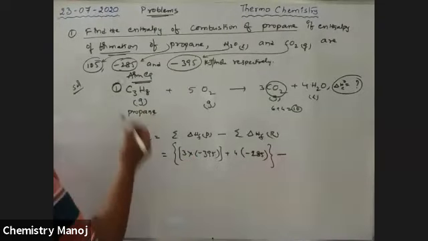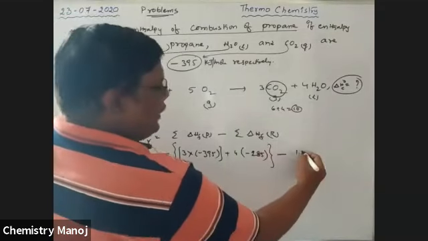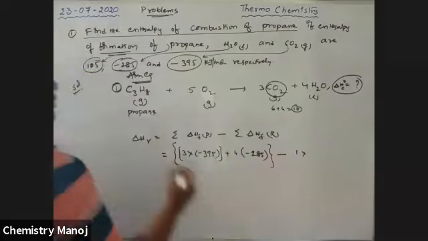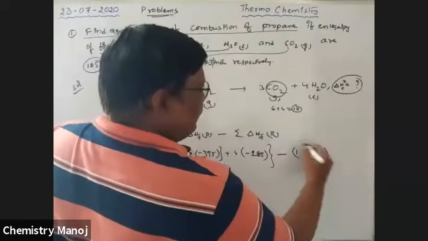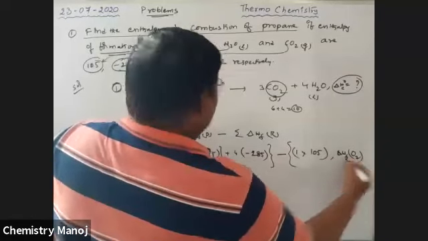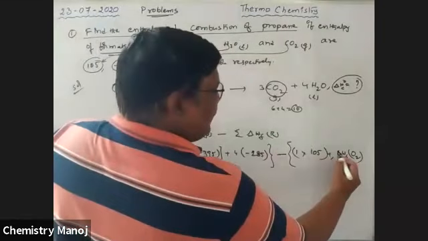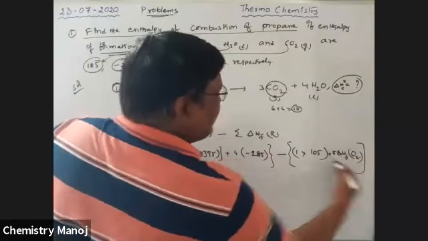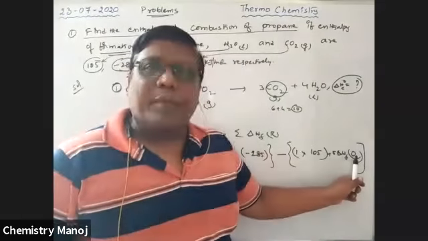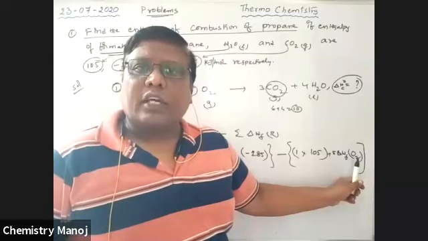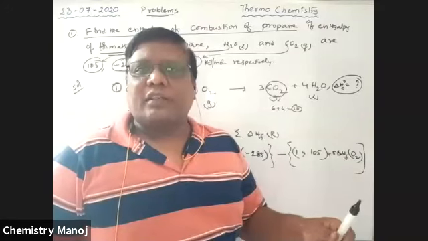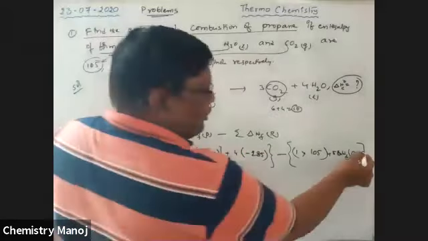Reactants is 1 mole of propane, with propane value minus 105, and 5 times delta H formation of O2. See boys, delta H formation of O2 is taken as 0, therefore this value is 0.